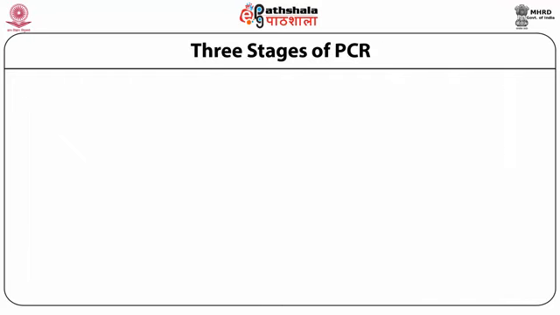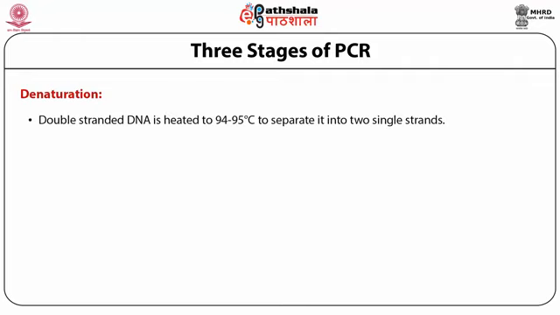For the PCR reaction, all these ingredients described earlier are mixed together along with the DNA template, and the reaction is performed in three different stages. The first stage is denaturation. Double-stranded DNA is heated to 94 to 95 degrees to separate it into two single strands.